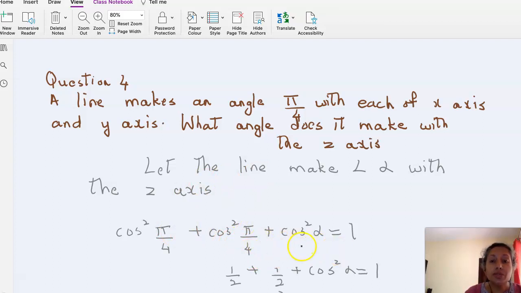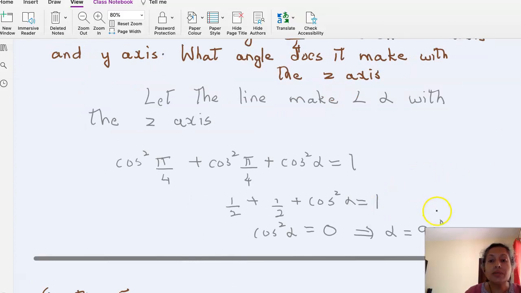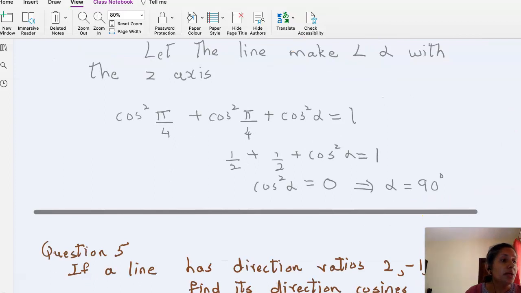I am making use of the fact that cos squared alpha plus cos squared beta plus cos squared gamma equal to 1. So substituting for cos pi by 4, which is 1 by root 2, we get half plus half plus cos squared alpha equal to 1. So cos squared alpha becomes 0, or alpha is 90 degrees.